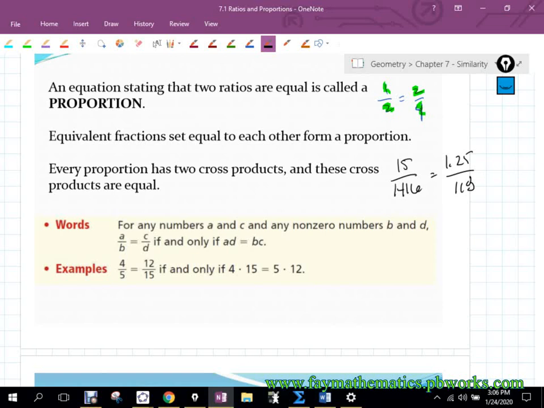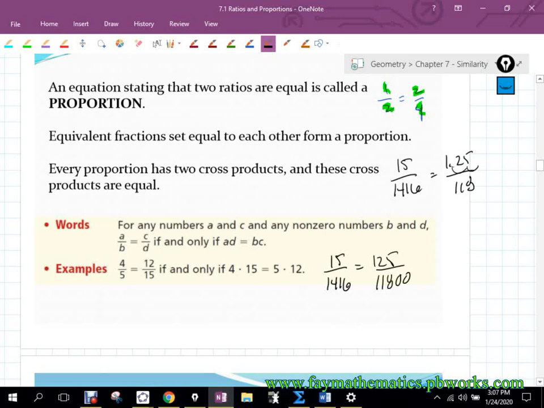In order to check proportions, okay, we can change them both to the same format. So maybe, if I were to look at this one here, one of the procedures would be, 15 over 14/16 is equal to, now changing to the same format, I would probably want to move that decimal place 2 spots, so 125, and then do the same thing on the bottom.